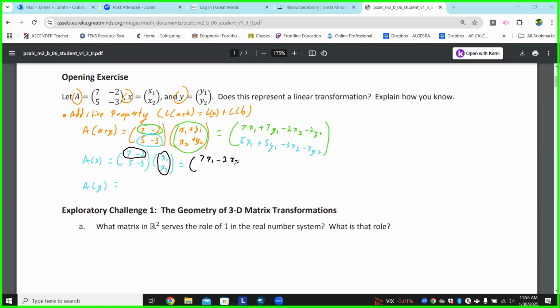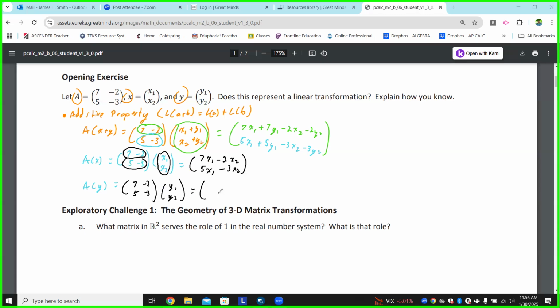Perfect. That's it. All right. And then I would do the same thing to this row with this column, and what would I get? Perfect. All right. So now let's do the same thing with A and Y. A again is 7, -2, 5, -3, and my Y was equal to Y1, Y2.